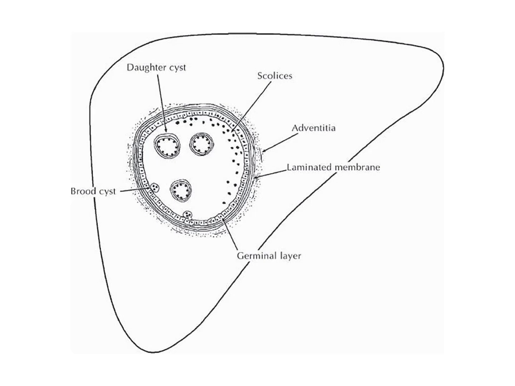Remember that in a definitive host, the scolices develop into an adult tapeworm, while in an intermediate host like us humans, they can differentiate only into a new hydatid cyst. So these hydatid cysts, which are daughter cysts, develop from this, while in dogs it will change into an adult tapeworm.